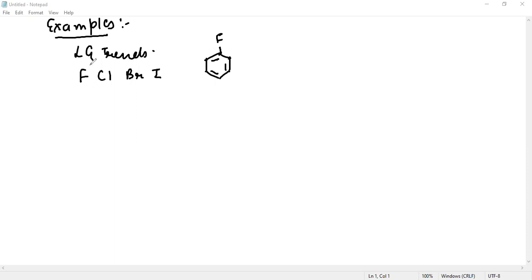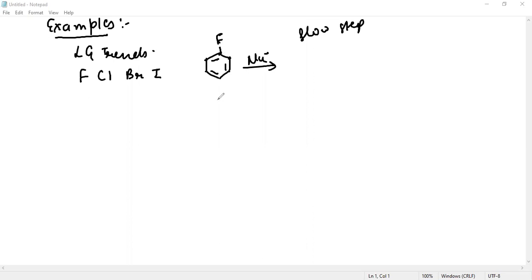So fluorine is the best leaving group here, because we do want to attack here with the nucleophile, and when this step happens, this is a very slow step, as you know, because it is going into something which is energetically less favorable, and anything that makes it more favorable will be energetically favored.